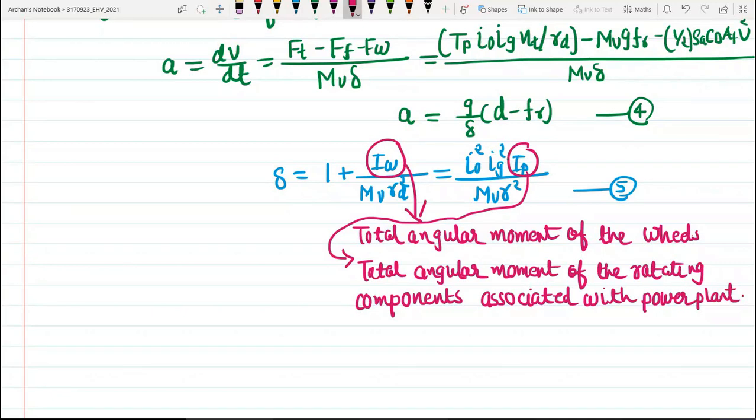Okay. So this is the case when we know this IW and IP. Okay, then we will be able to find out the mass factor delta.